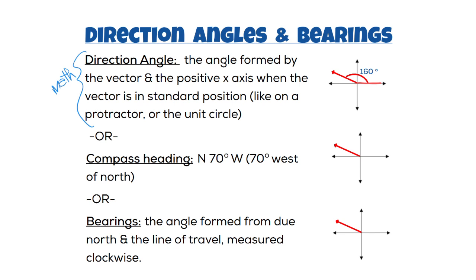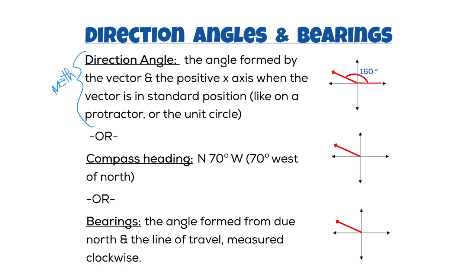Okie doke. Now, we've also dealt with compass headings, where you're basing it off whether you're north or south. This example is northwest, you're headed northwest, but the way we read it is 70 degrees west of north.